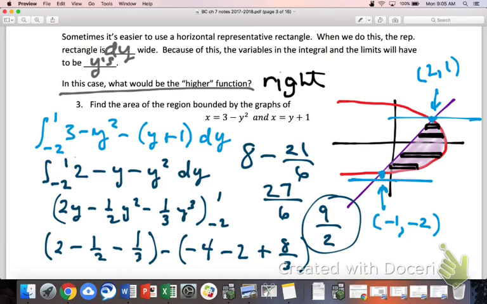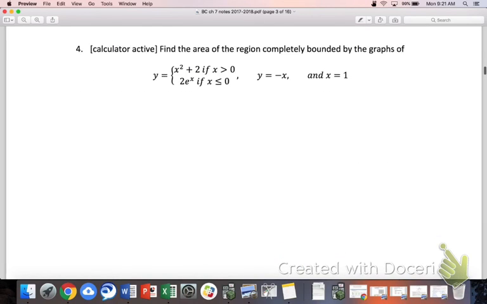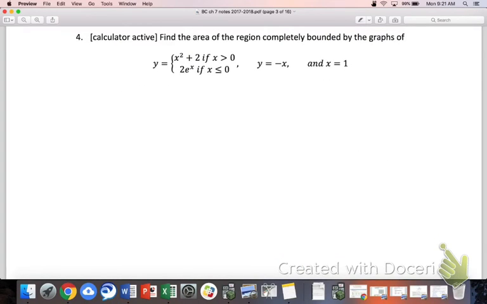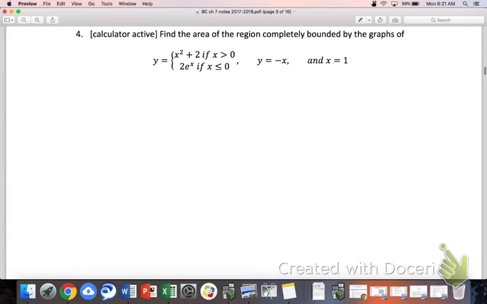Awesome. Final example of the morning is right here. Number 4. Definitely calculator active here to help you see the connection between the graphs. So go ahead and do that with your calculators and just see what this looks like graphically speaking.